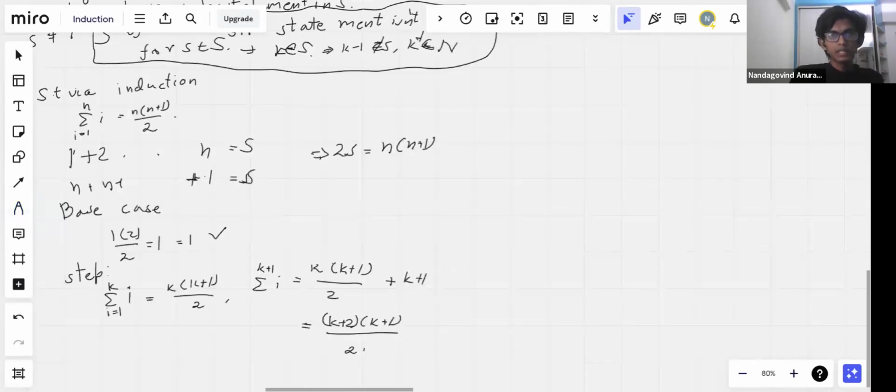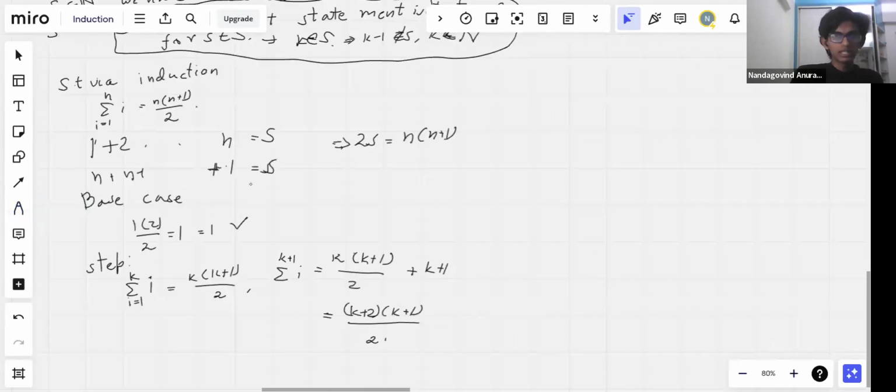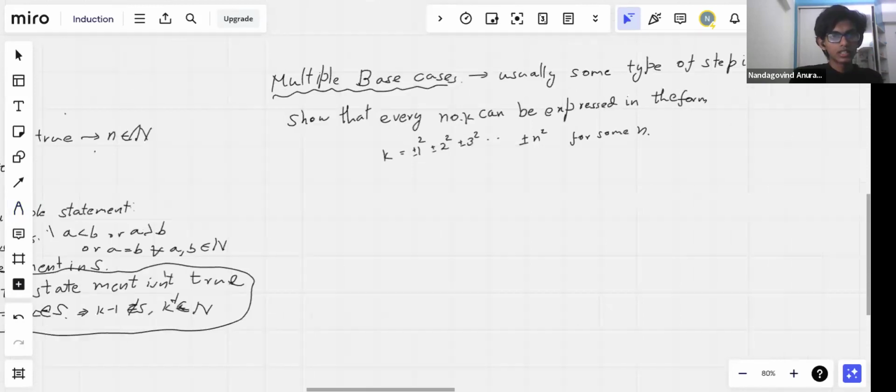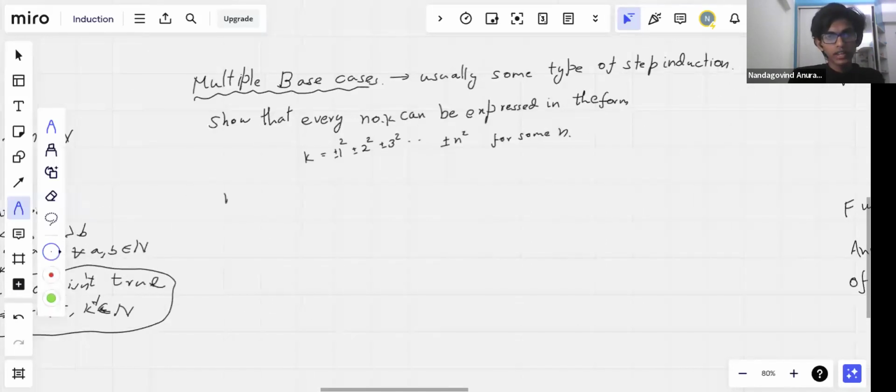We'll be doing something very similar, but this time I'll first explain the question. You want to show that every number k can be expressed in the form k is equal to plus or minus 1 square plus or minus 2 square until plus or minus n square for some n. N is your choice, but you want to show that every number k can be expressed in this form.